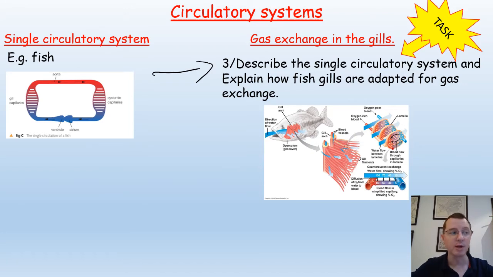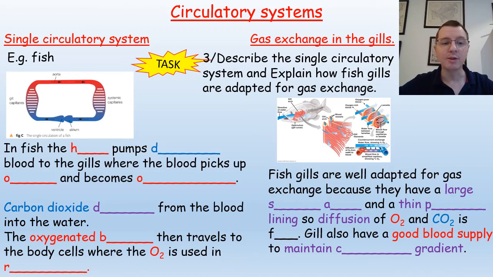So pause the video now, write it down, and let's see how much you've already learned from your normal science lessons. If you need a little bit of help, we have 3 paragraphs here which will help you to answer that question. Again, you can pause the video to see how much you've learnt and whether you can fill in these gaps.